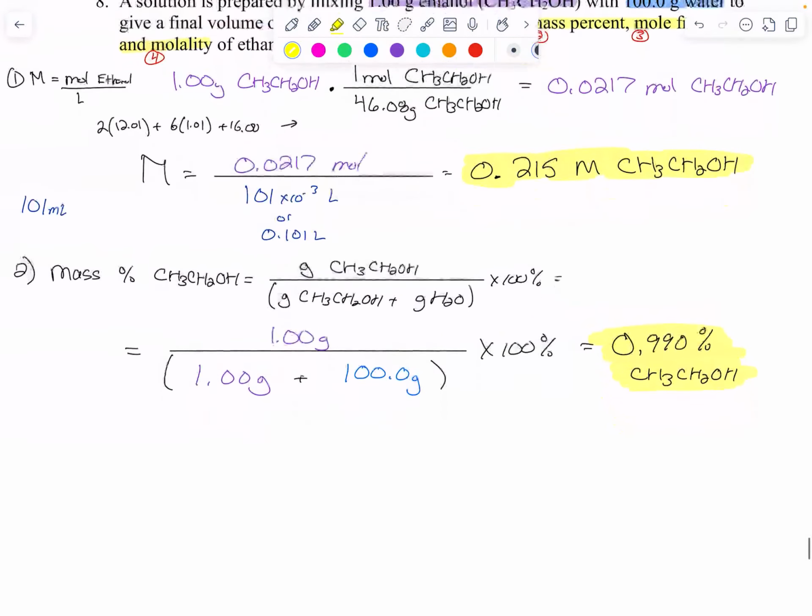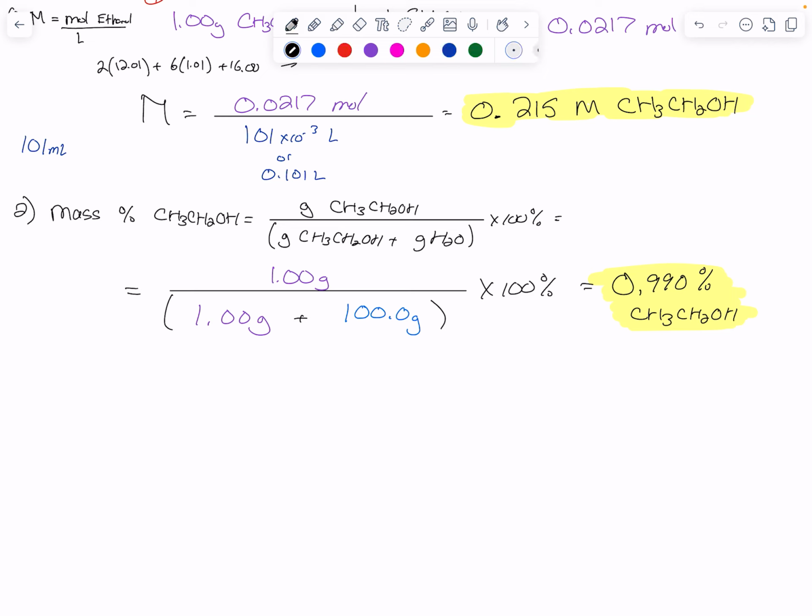3, mole fraction. Well, we have moles of everything, right? So the mole fraction of CH3CH2OH would be moles of ethanol over moles of ethanol and our moles of water.